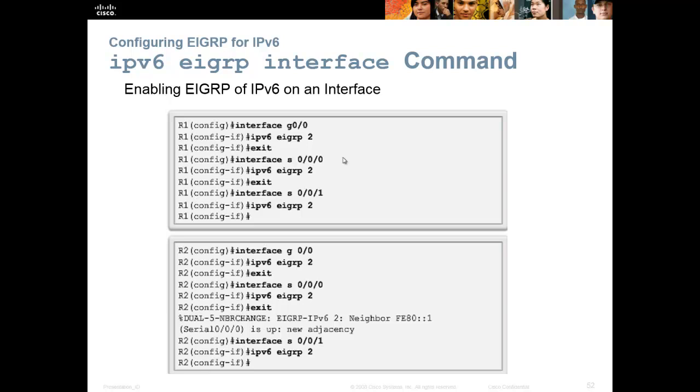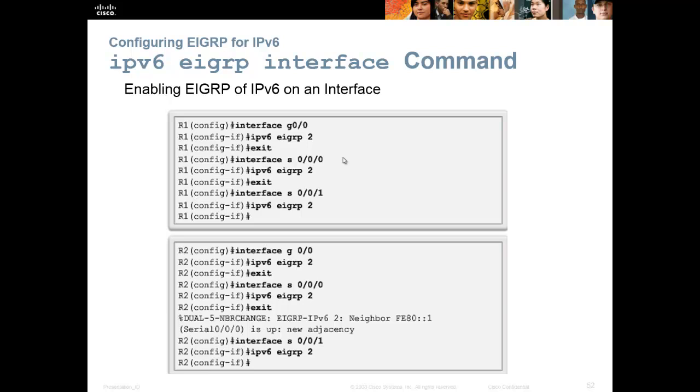All right, and then you go to the specific interfaces, and I go to the interface and just turn on ipv6 eigrp 2, and that kind of stuff. And that way, it's a lot easier to configure a router that's in two different autonomous system numbers. So let's say I've got a big network with two buildings, and I want one building to be on EIGRP 2 and one building to be on EIGRP 1.